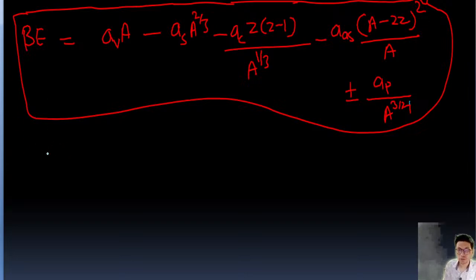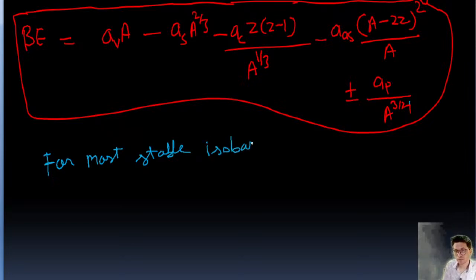So for the most stable isobar, del B upon del Z equals 0. Very important. B is the binding energy.